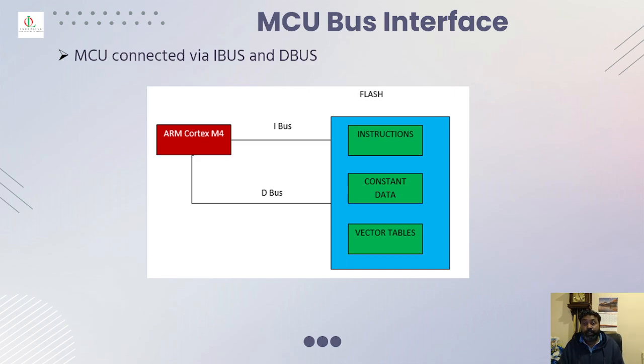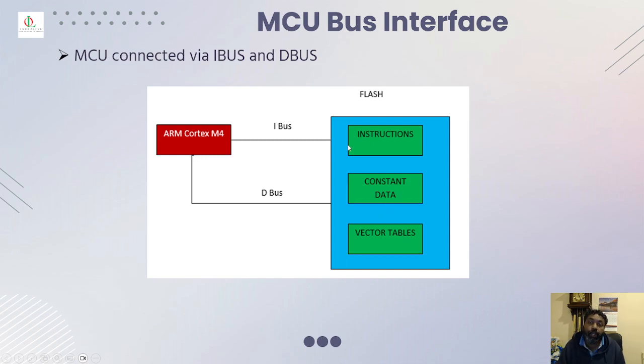So if you get into the bus interface, how it is connected to the I bus and the D bus: the ARM Cortex M4 connects to the internal flash via the I bus and the D bus, the instruction bus and the data bus. The instruction bus is connected to get information from the instructions inside the flash. The D bus is connected to the flash to get constant data.